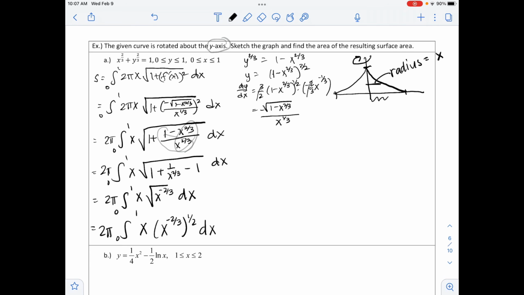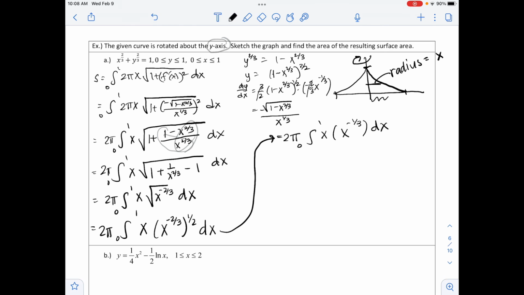And from algebra, we know that you would multiply those exponents together. So still going through this algebra, we have 2 pi from 0 to 1 of x times, and so 2/3 times 1/2, and it's negative, is going to become x to the negative 1/3 dx.